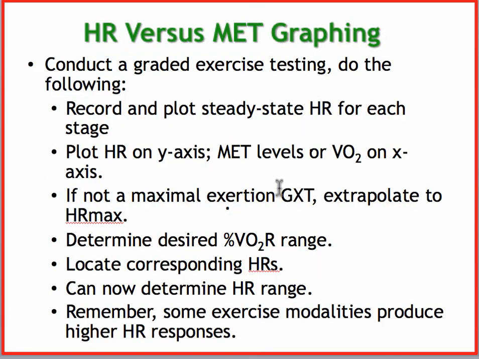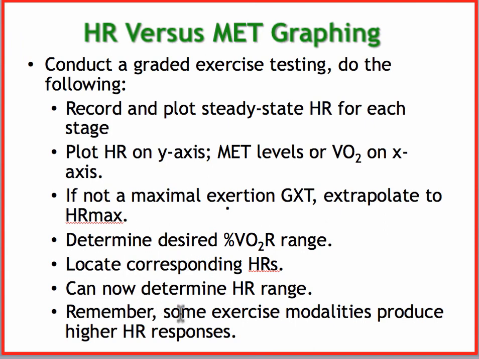If you don't have a maximal graded exercise test, you can extrapolate or estimate heart rate max to help determine the VO2 reserve range you want them training at. Then once you determine that range, you can locate the corresponding heart rates and determine the heart rate range.